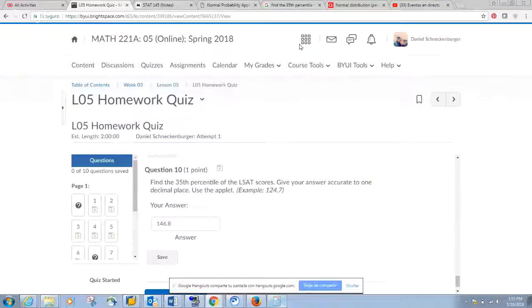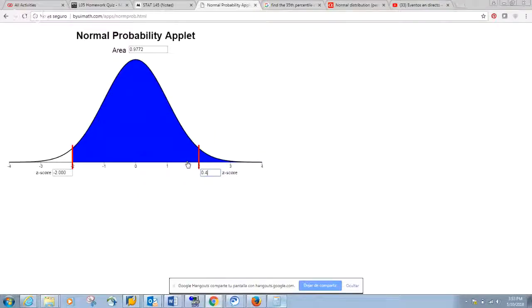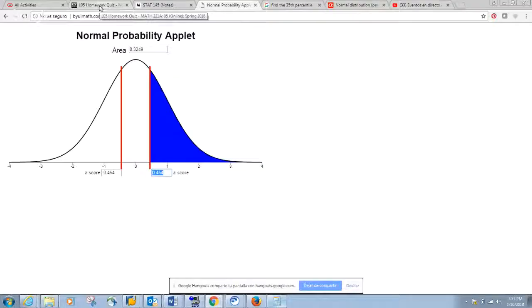So what was the set score? Oh, I got 0.4538 for the z-score. I'm using a different percentile. I found a percentile to z-score calculator online that works pretty well.